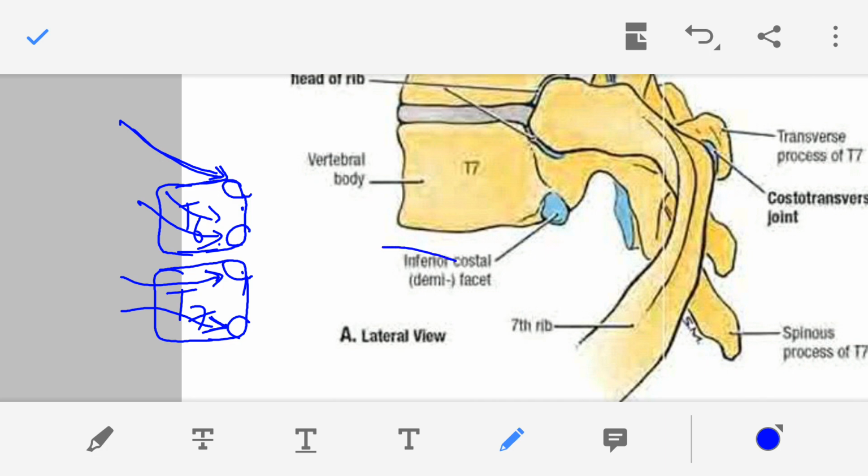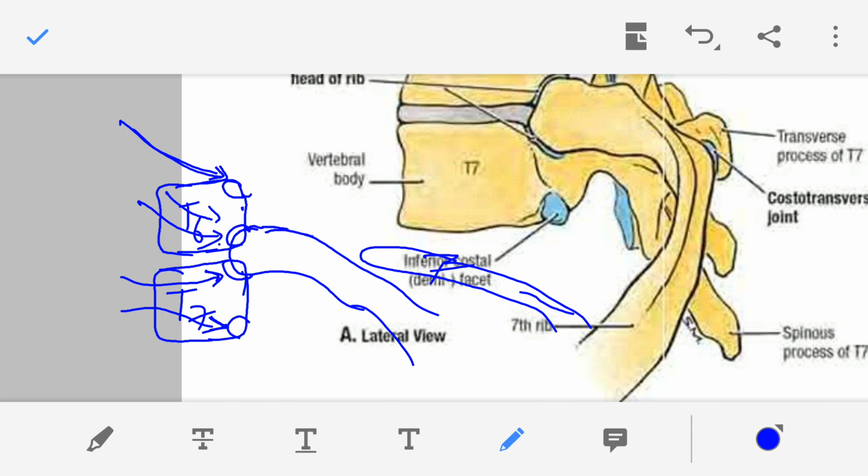Now this is the 7th rib. Now we are bringing this 7th rib over here. Over here I have articulated. So now you can understand. This one is the superior articular facet and this one is the inferior articular facet.